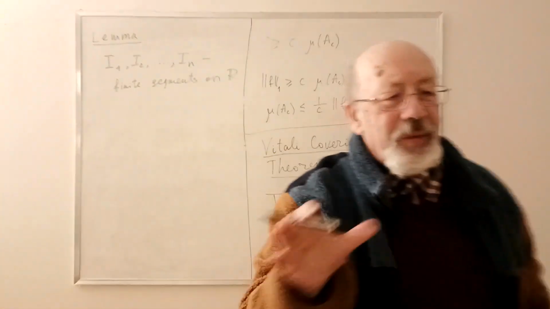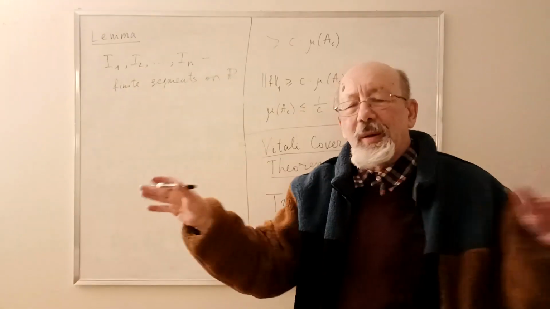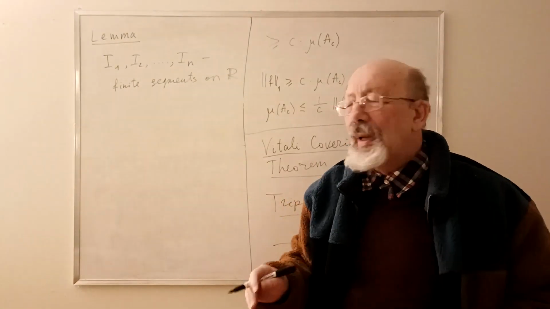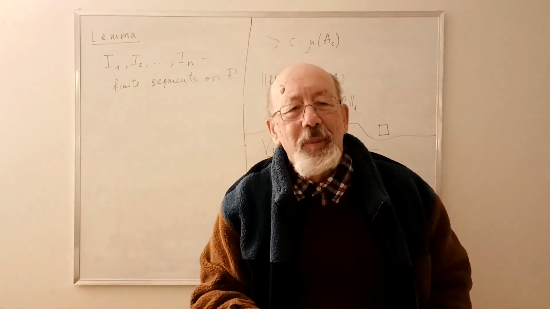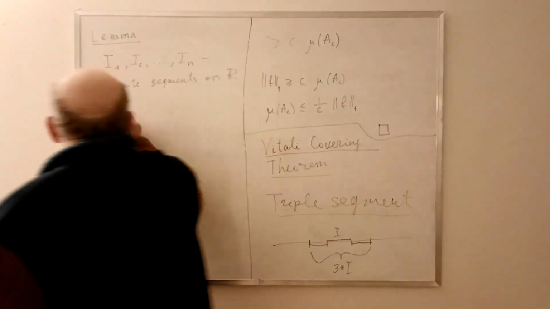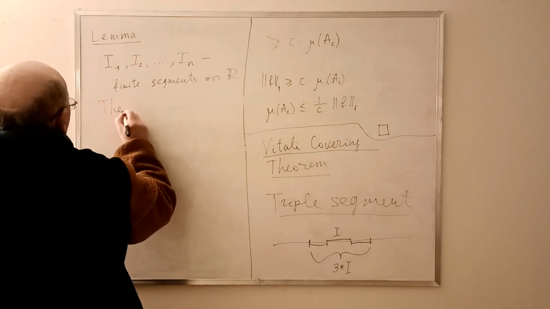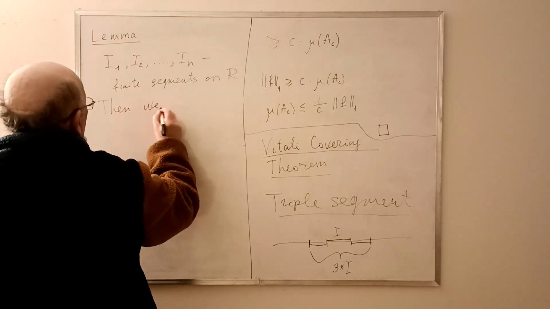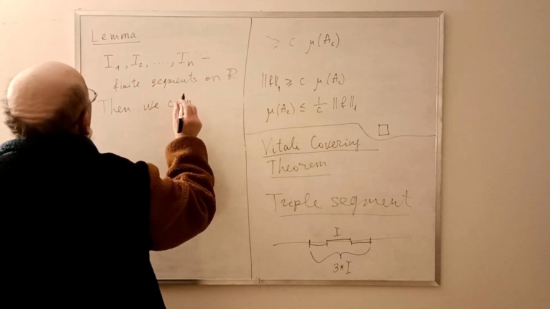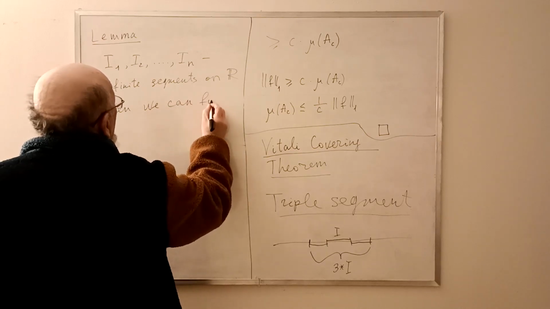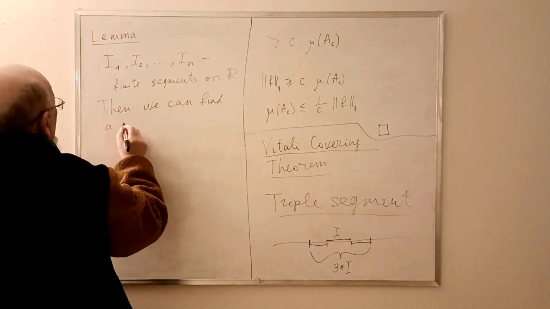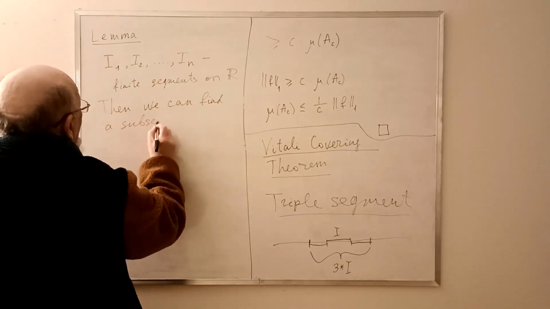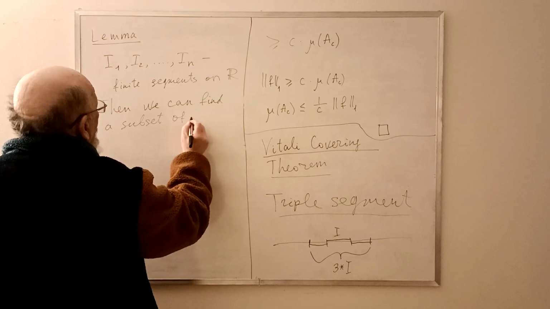They can overlap, they can be disjoint, simply arbitrary n segments. Then we can find a subset of segments.